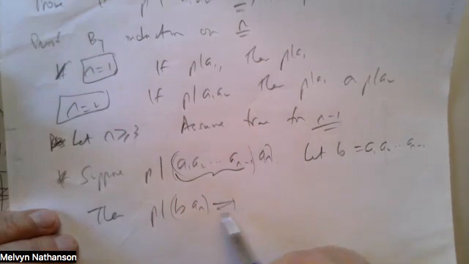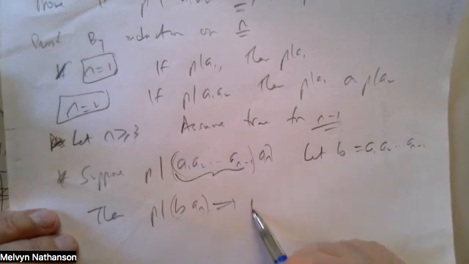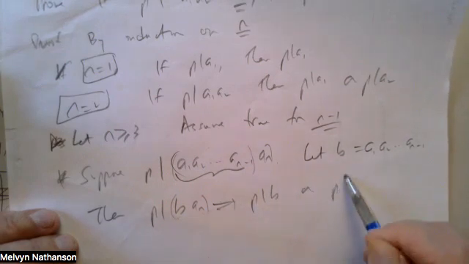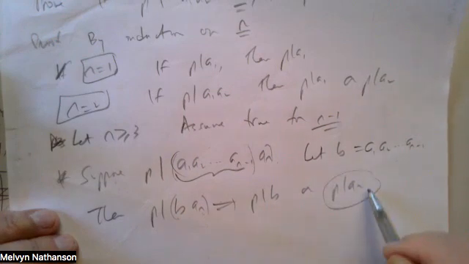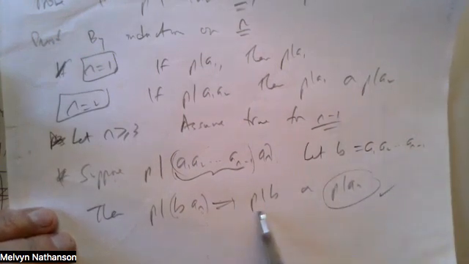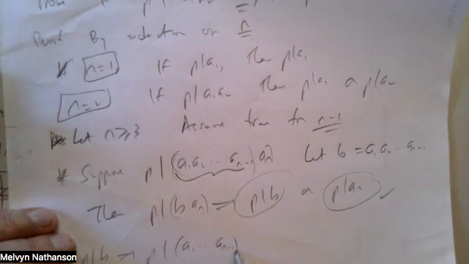But now we just have two factors. So P divides B or P divides AR. If P divides AR, we're done. But if P divides B, that means P divides A1 up to A sub R minus 1, because that's what B is. But here we have only R minus 1 factors. So P divides AI for some I from 1 up to R minus 1. So in both cases, P divides one of the factors.